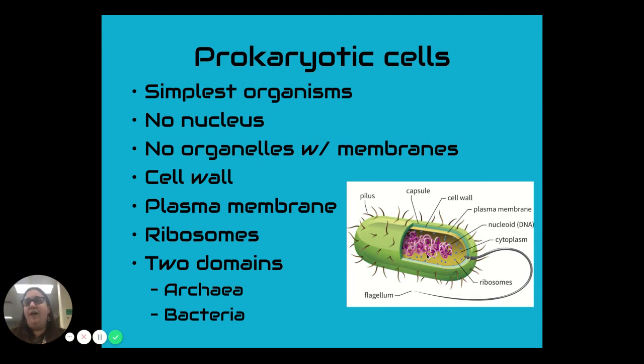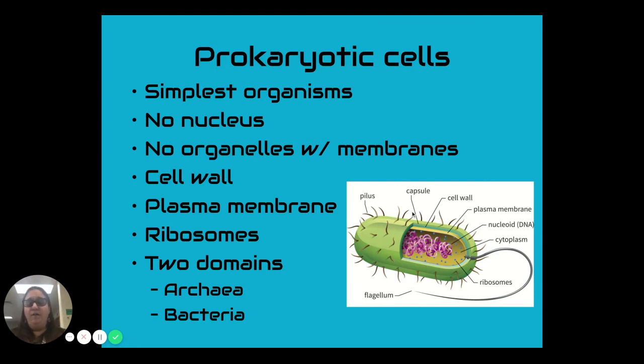They also don't have any organelles except the ribosomes. That's the only piece of material that they have in there besides the cytoplasm. Okay, so they don't have anything like the nucleus with its nuclear membrane, or the mitochondria, or the chloroplast, or other structures that you may have heard of.